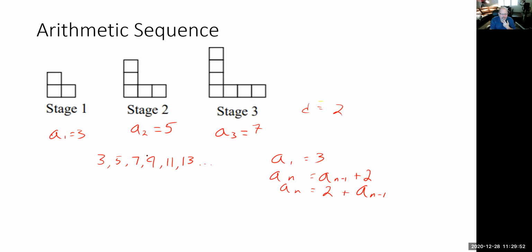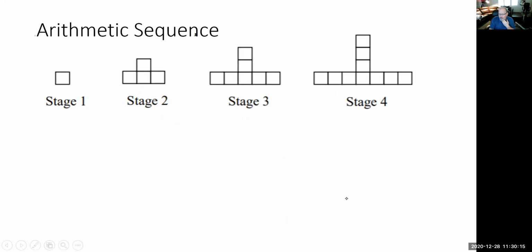How would you write this as an explicit formula? Well, you'd write y equals 2 times x minus 1.